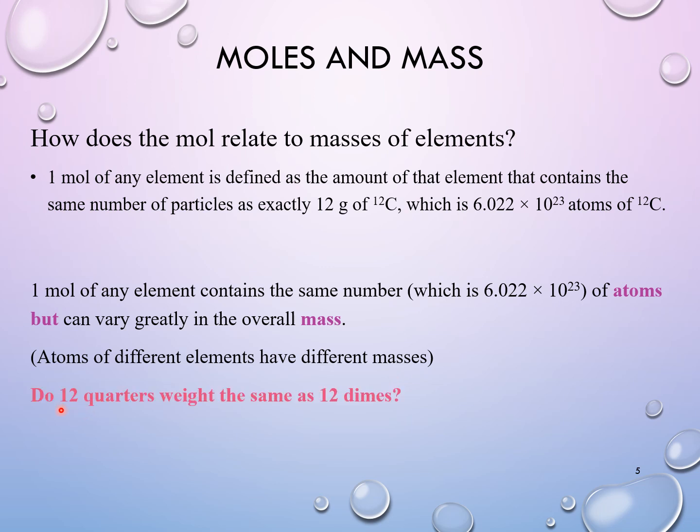For example, we could say a dozen quarters versus a dozen dimes. Quarters and dimes have different masses. So 1 mole of hydrogen will have a different mass than 1 mole of sodium, because hydrogen's mass is different than sodium's mass. And you can find these masses from the periodic table.